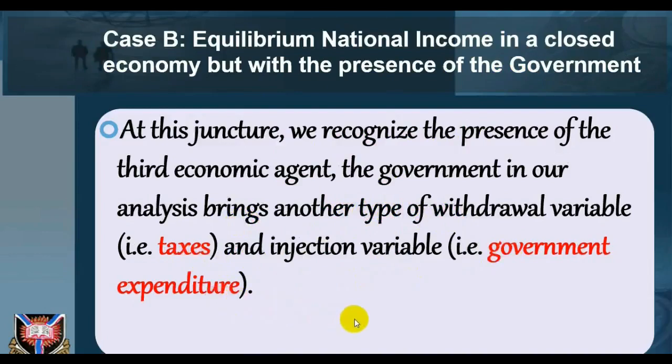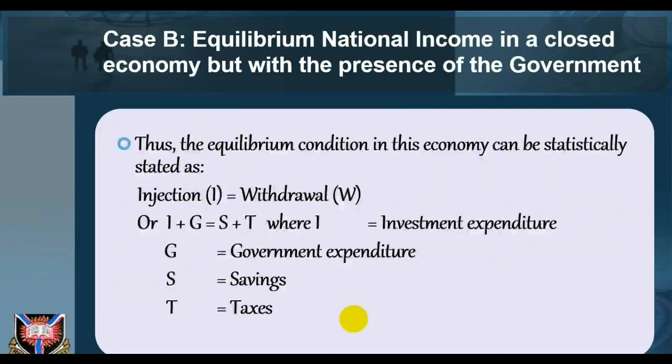The introduction of these variables, however, did not alter the basic conditions for equilibrium in the economy. The equilibrium condition still requires the equality of total withdrawals and total injections. Thus, the equilibrium condition in this economy can be stated as injection equals withdrawal, or investment plus government expenditure equals savings plus tax.